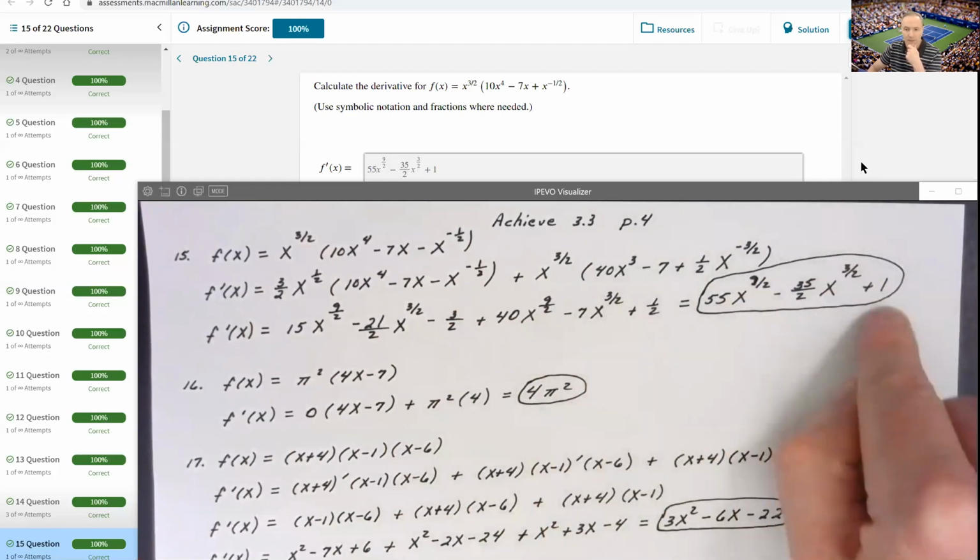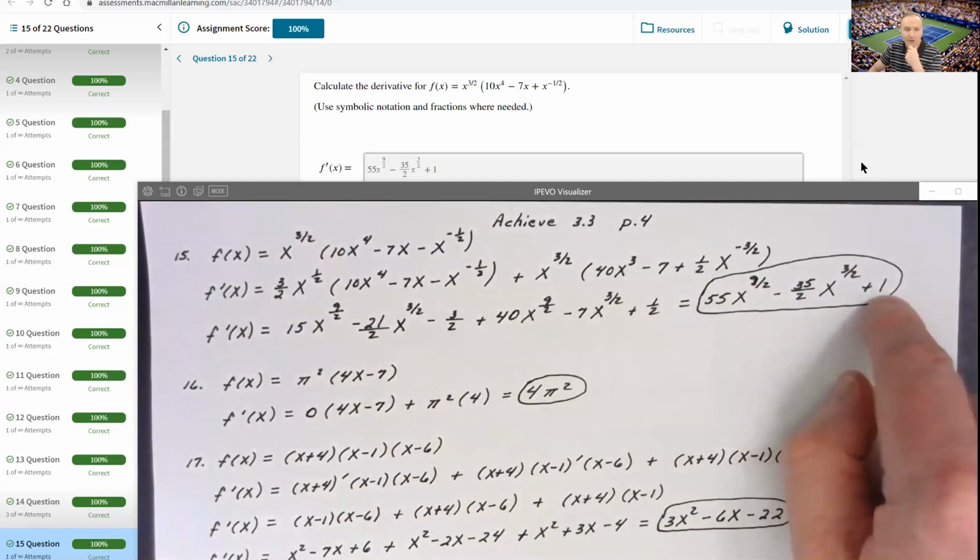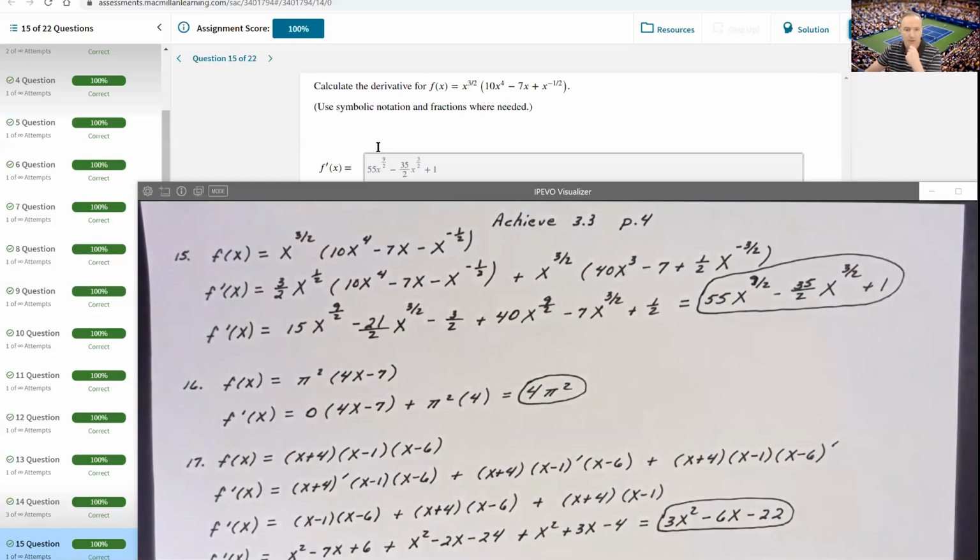That should be a minus 1 there. Very strange. I wonder if Achieve made the same error I did. That is weird because that answer is not correct there, but Achieve thought it was correct.